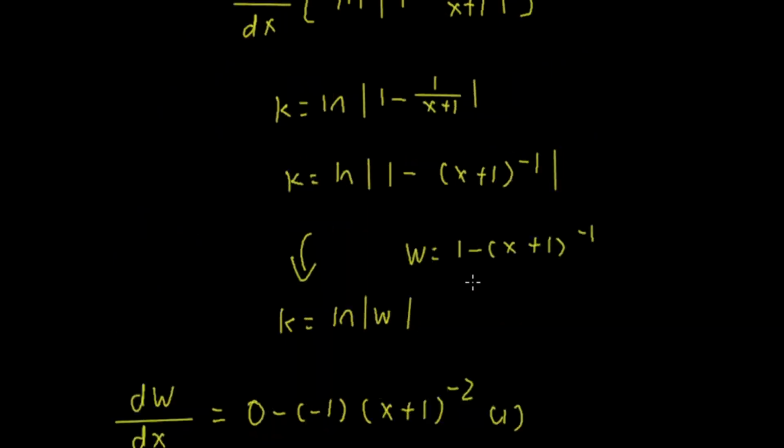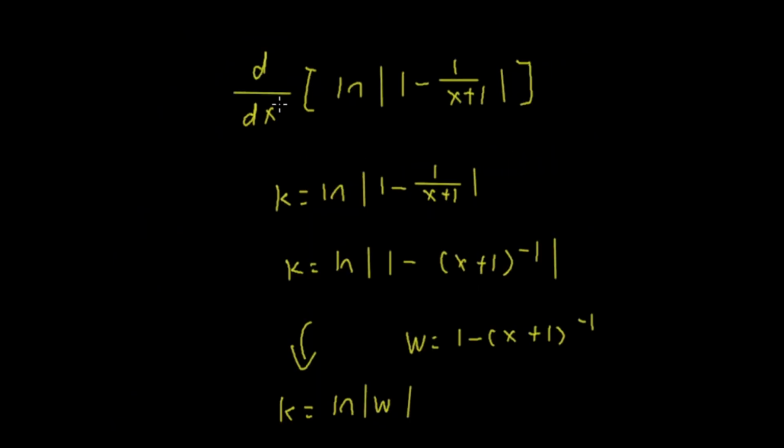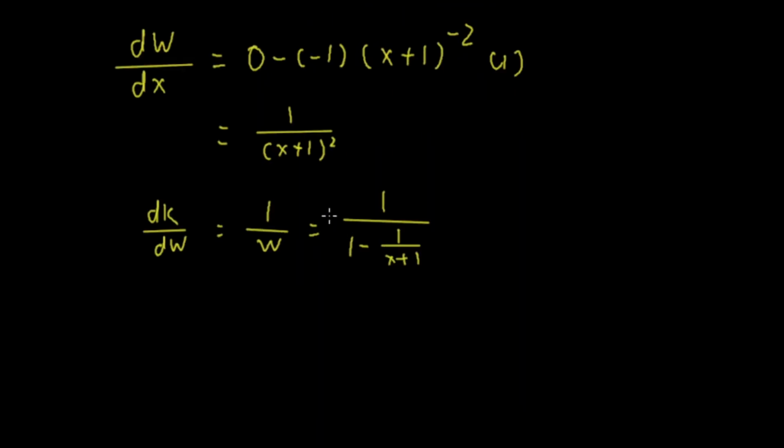Okay, now, to find the derivative of this is basically finding the derivative of dk over dx, right? So dk over dx is equal to dk over dw times dw over dx, according to the chain rule.